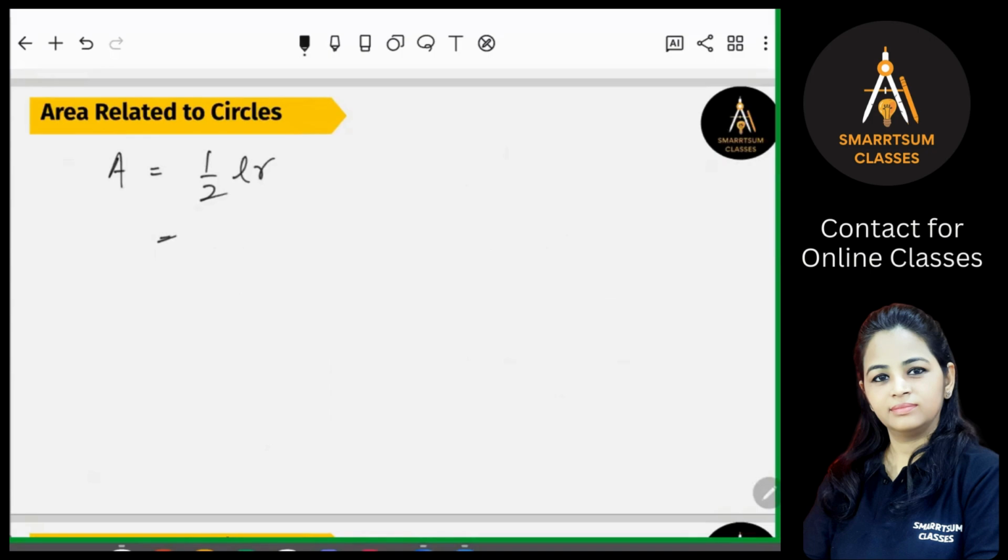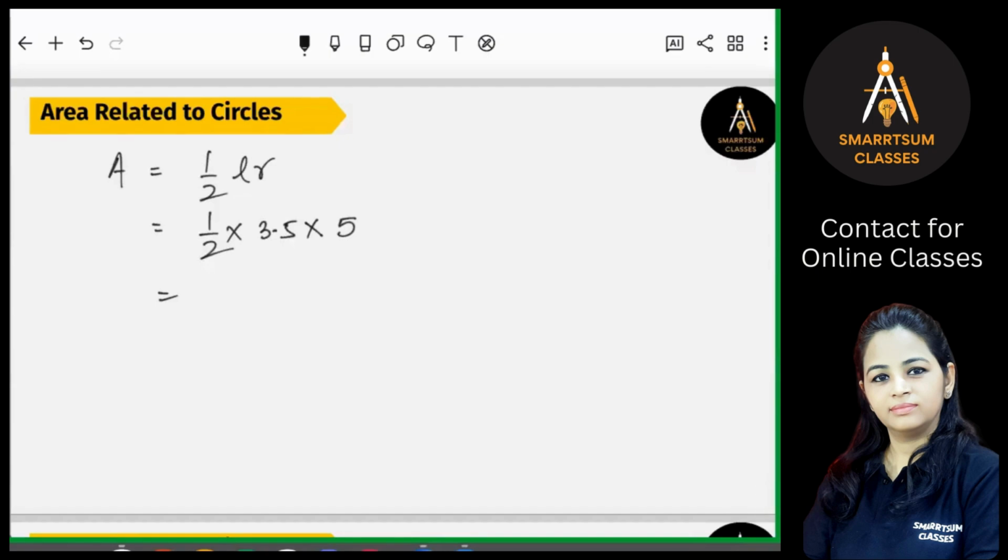So now you can put the values here. Okay, so what is L? L is 3.5, so write it down, into R, R is 5. Is that clear? Right?